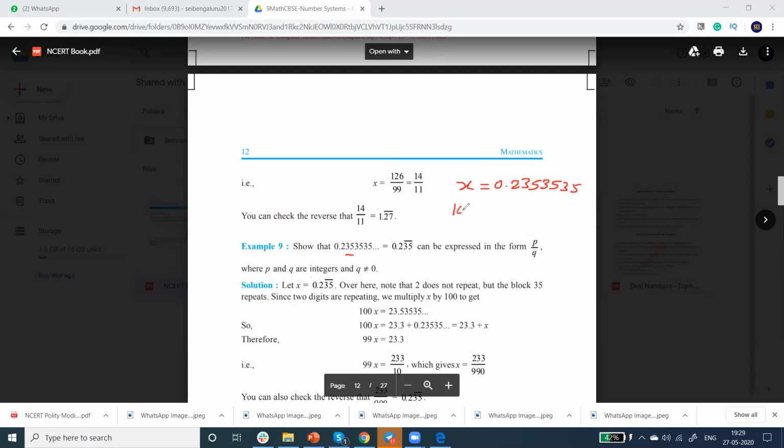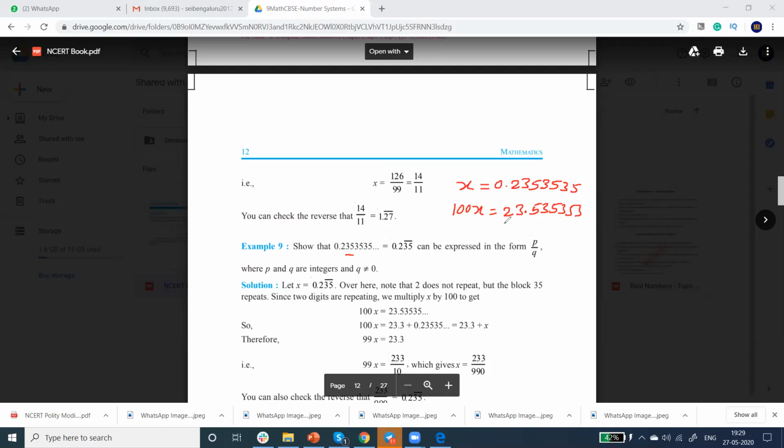So you can take 100x. If you multiply with 100, the decimal point goes to after 2 and 3, giving 23.535353.